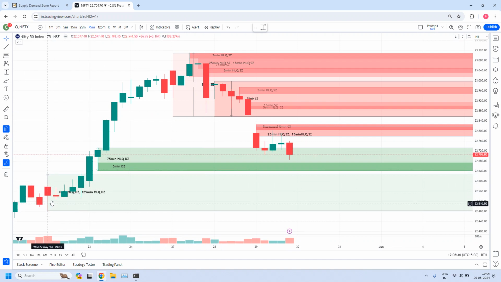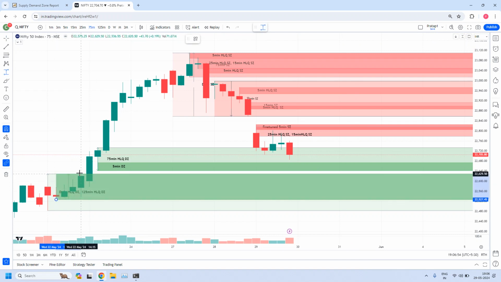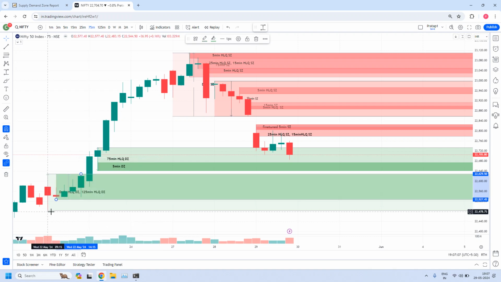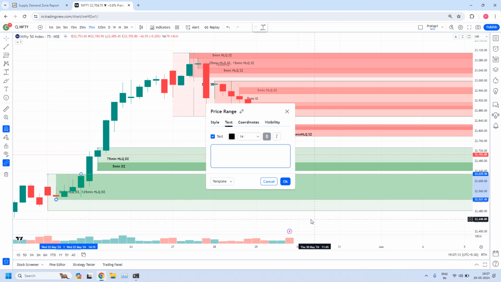The structure is not good. If you consider this as a leg candle, you have 1, 2, 3, 4 base candles this way. You can draw a 75 minute zone. A fine-tuned 75 minute demand zone, sorry. This is the fine-tuned 75 minute zone.